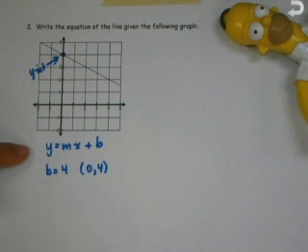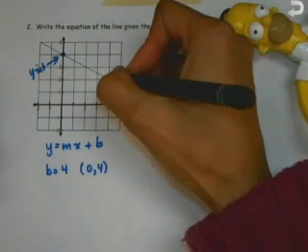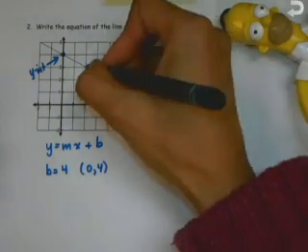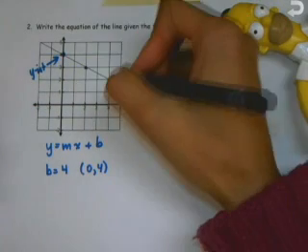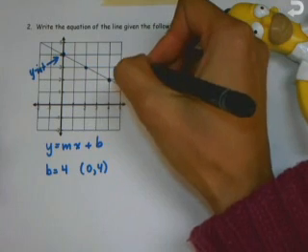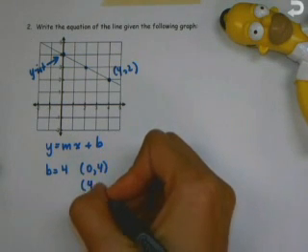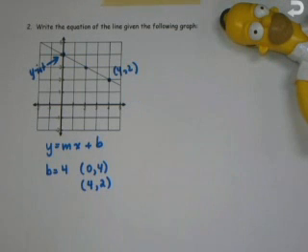Now to find the slope, we need 2 points. So we can pick any point along this line. Pick any nice point. You can pick this one or this one. It's up to you. So let's go with this one. So this point is going to be (4, 2). Okay, so let's put it down here, (4, 2). So we need to determine our slope.